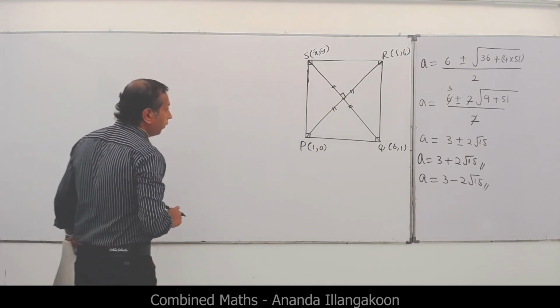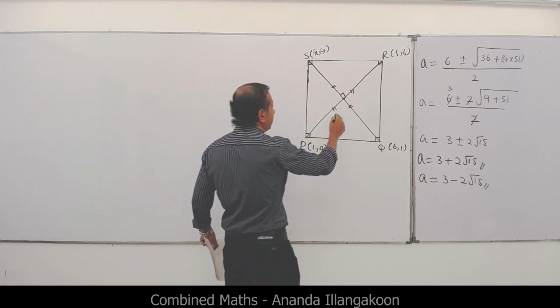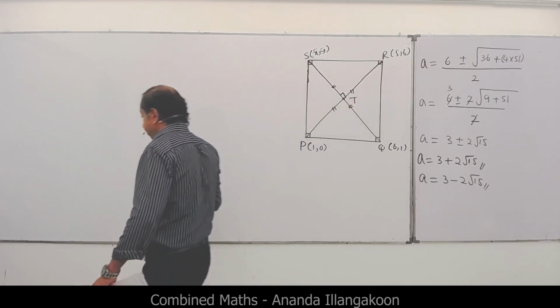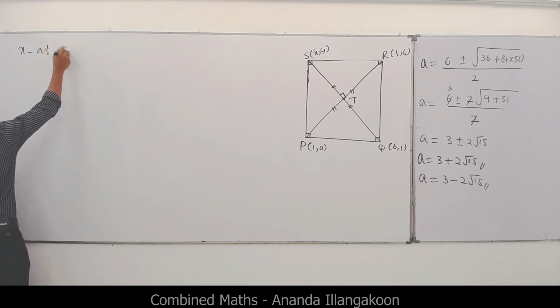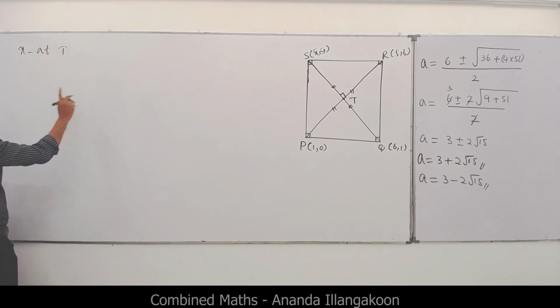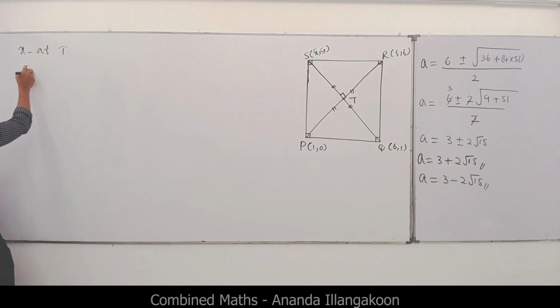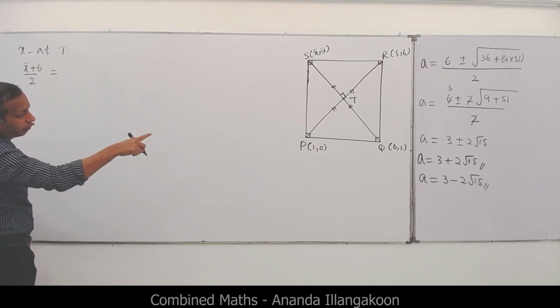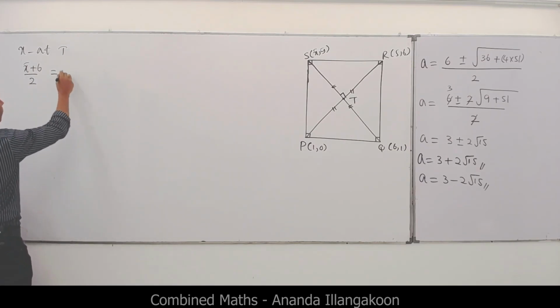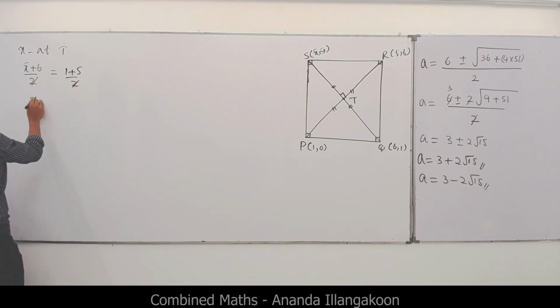Then if I take this point as t, x at t, we can write x bar plus 6 by 2 equals 1 plus 5 by 2. This and this we can cancel down. Then we get x bar is 0.